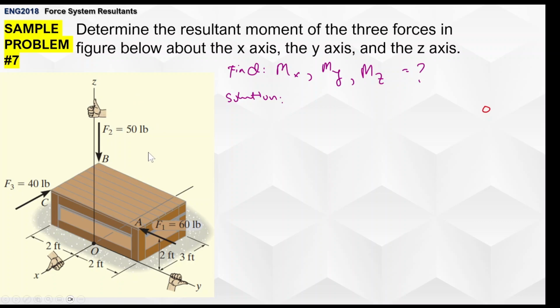First things first is about the x-axis. So it's referring to this one. What are the forces involved? We have F1 that's rotating about the x-axis, so that's kind of easy.